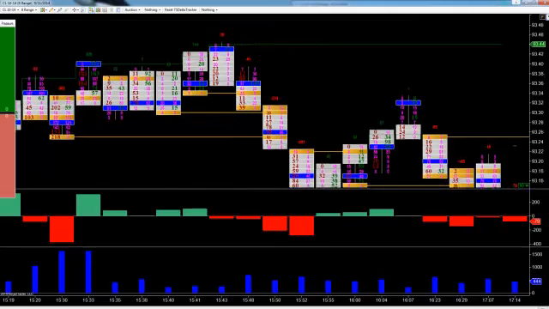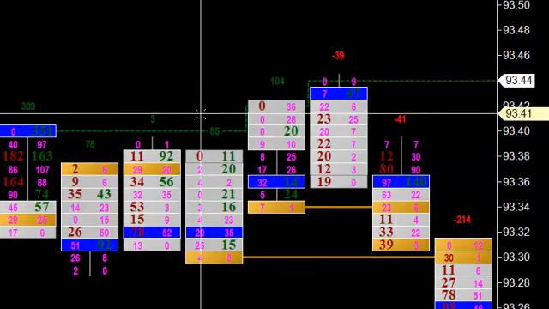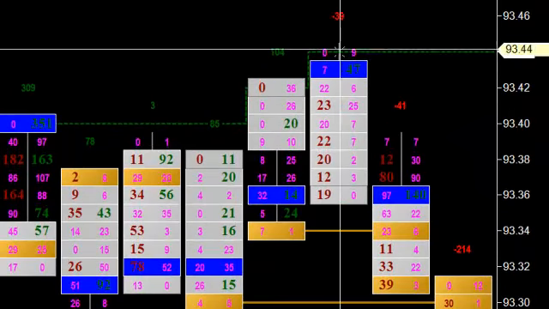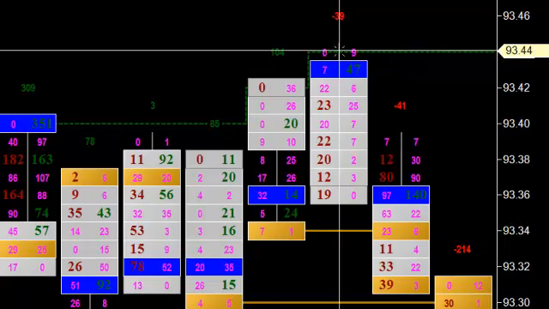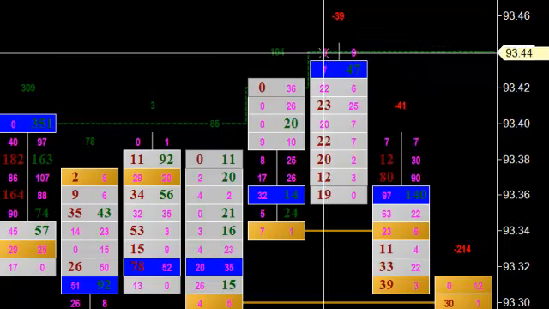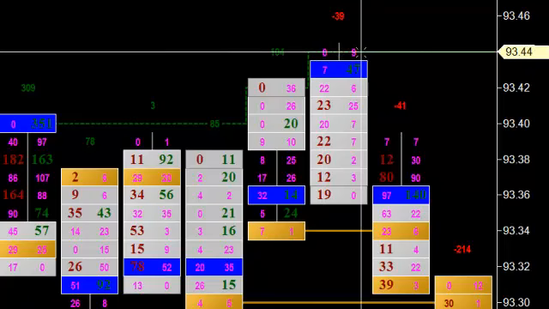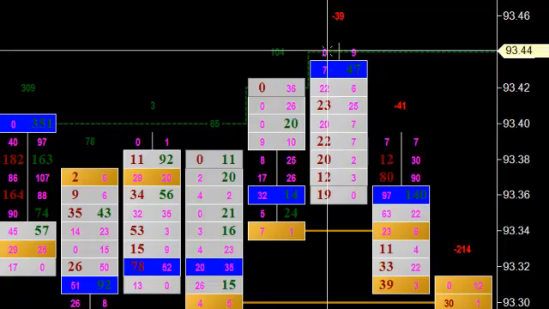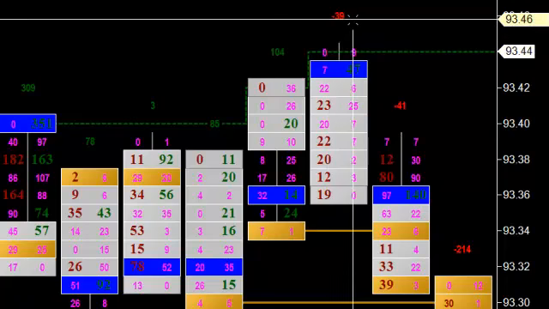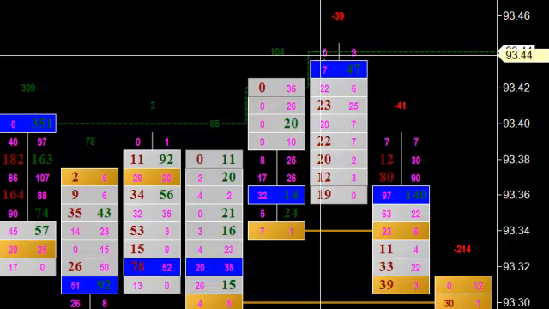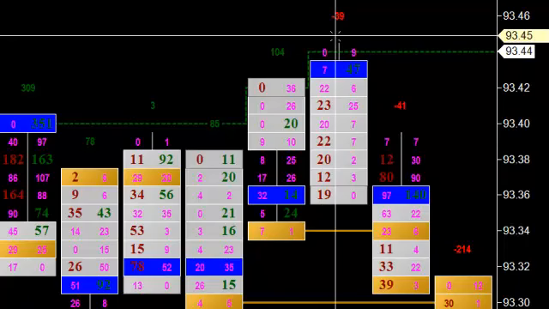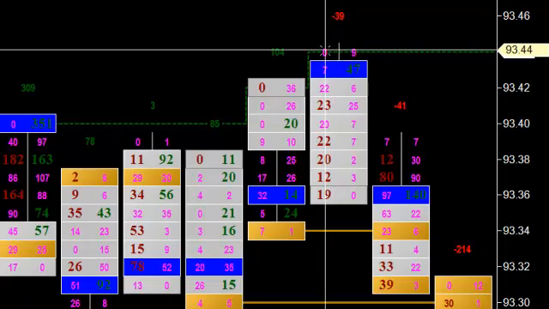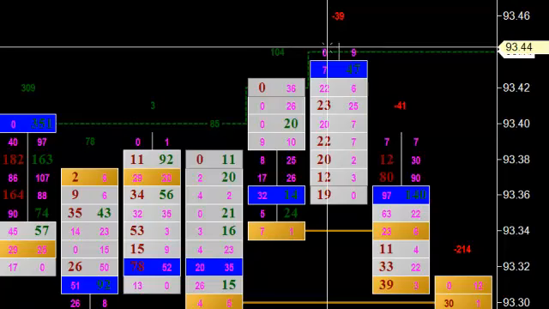First of all, let's go right up here, and I'll scoot over to the side where you can read the price better. 93.44 was the high made at this point in time. It came up, and we had a 0 by 9 up here at the top. The 0 indicates that there were no more sellers willing to pay up at this price. If they had been sitting with limit orders at 93.45 and were just dying to get in, they would have come down and placed an order to sell at the bid, and none did right there.